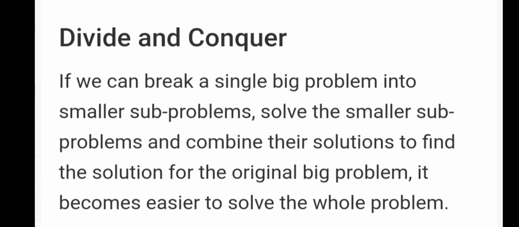It is very easy to clear the benches of one row by a single person, because it has only 6 benches. So you can combine the solutions of all these problems and get the solution of the original problem. Like our main problem is to clear all the benches from your classroom. So it is solved. So that is divide and conquer, right?